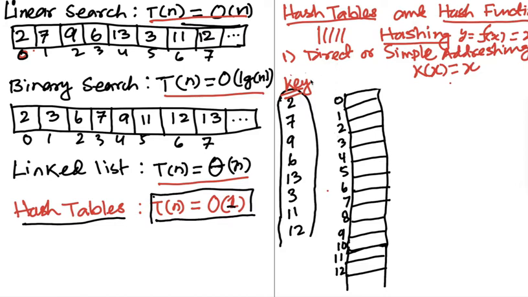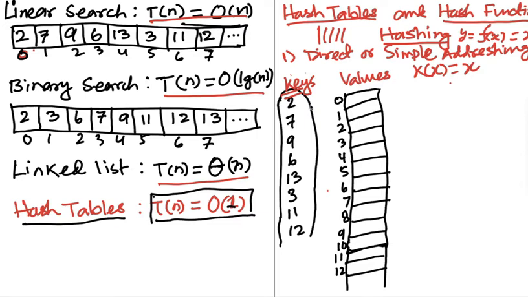So these are keys and these are values, implemented with an array, with array index from 0 all the way to 12. So in simple addressing, since our hash function is very simple, that f of x equals x, that means y equals f of x equals x.